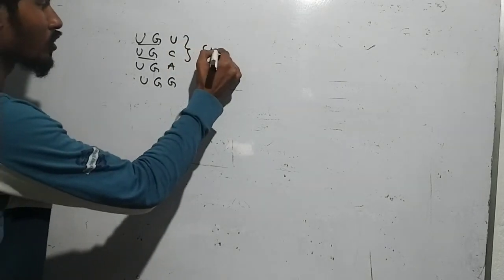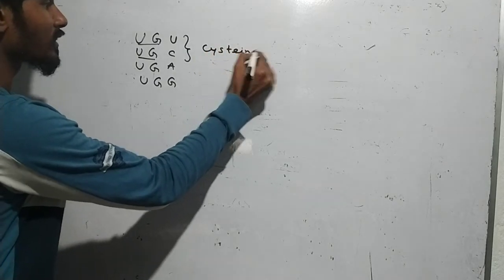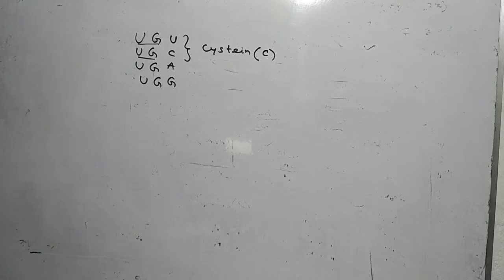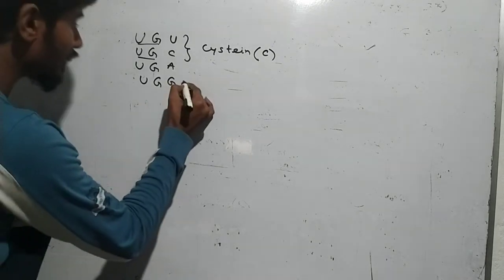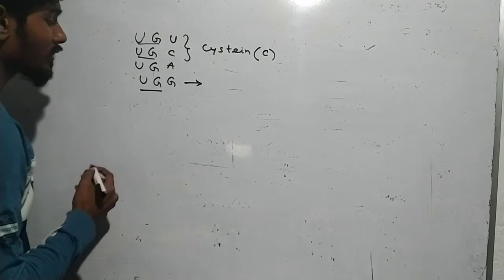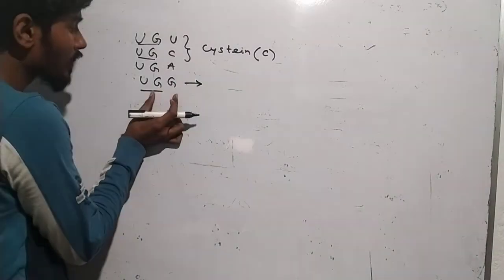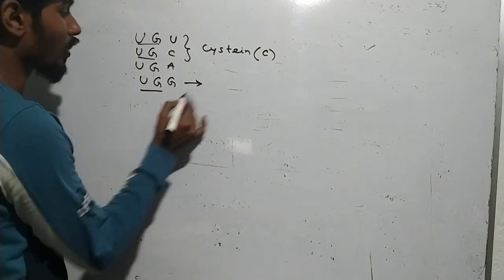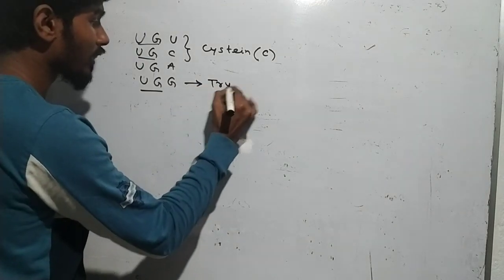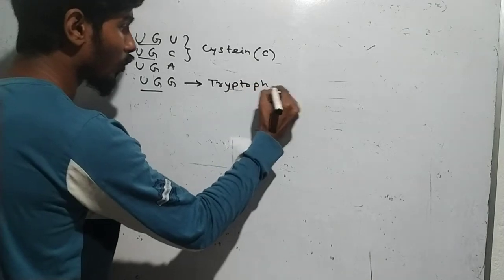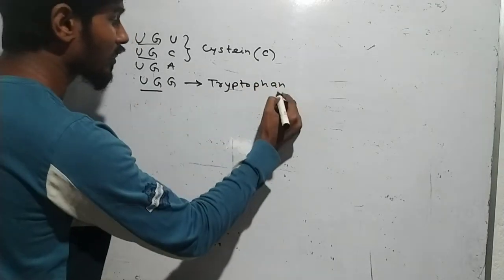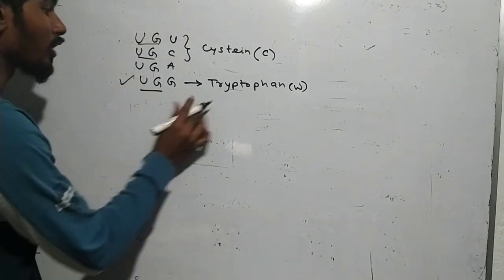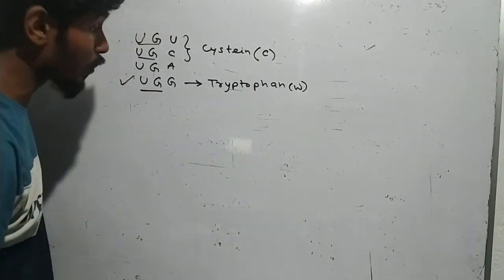it codes for cysteine or simply C. Okay, so how can you remember this? For this you have to remember this codon only. Yes, so this is UGG, and this UGG codes for tryptophan, and in the whole chart, in the entire chart, you will find no other codon encoding this tryptophan, and it's very, very important.